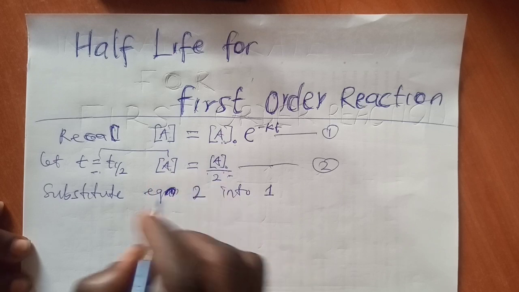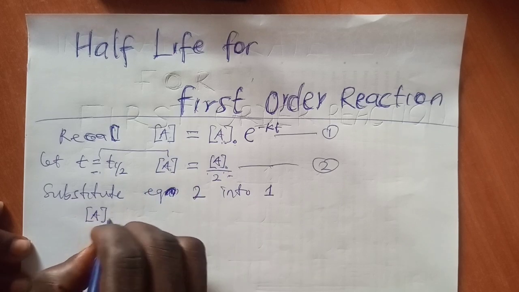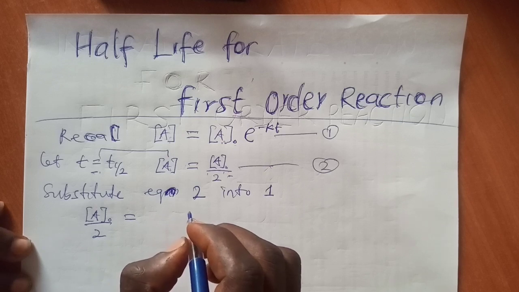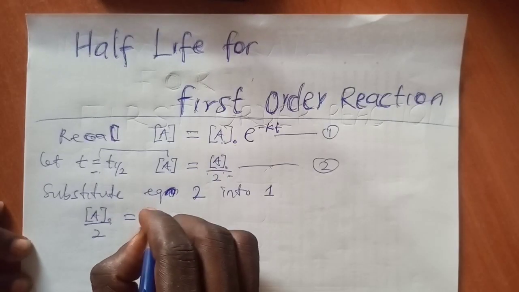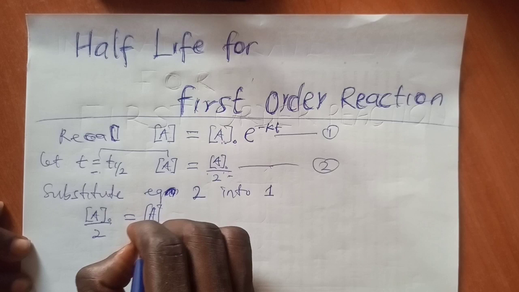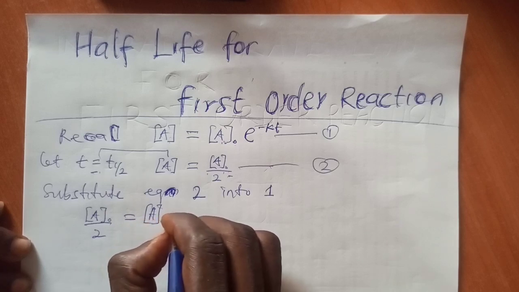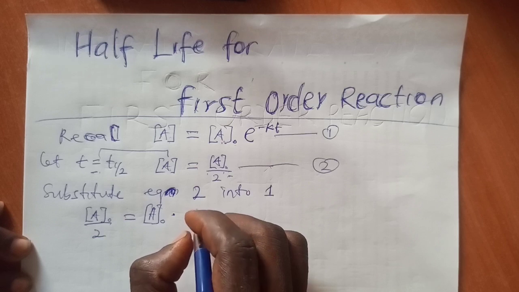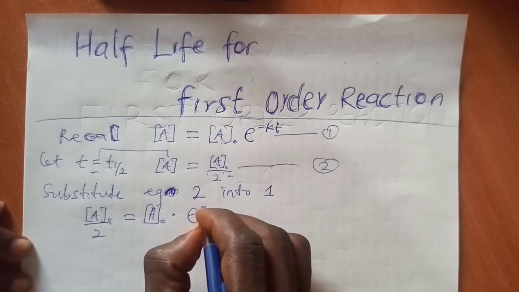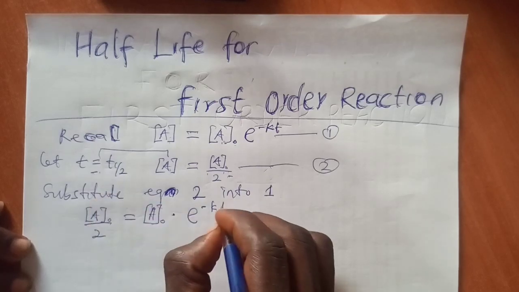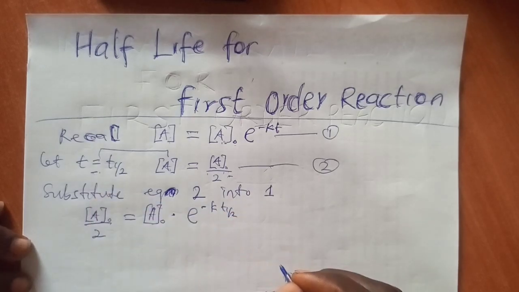What do I have here? A is equal to A naught, multiplied by the exponent e to the power of minus k, and what is my t? My t is half, t half. Do you understand now?